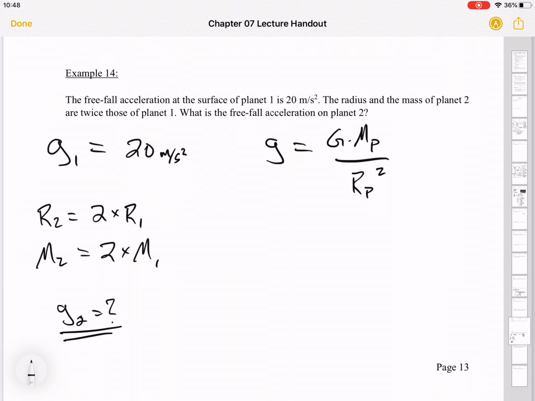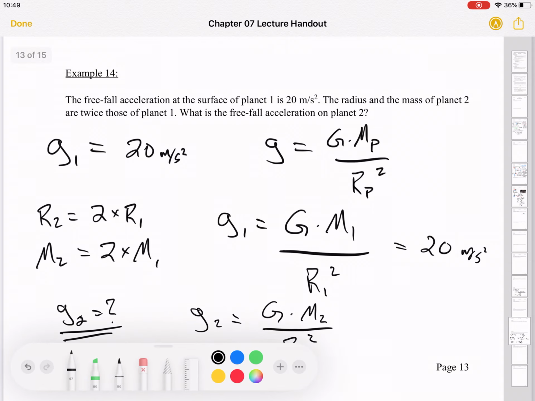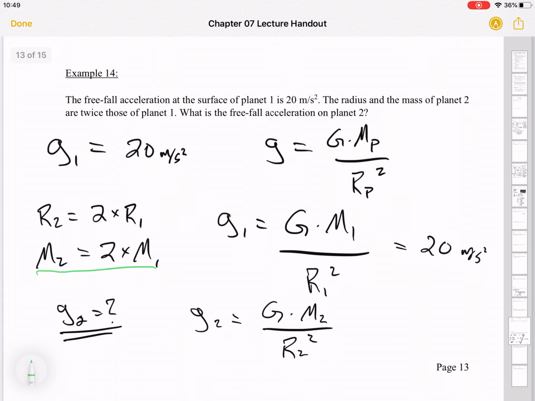Okay, so what do I know? Well, g1 equals G m1 over R1 squared equals 20 meters per second squared. Right? And g2 is going to be G m2 over R2 squared. And I don't know what that equals, but I do know that m2 is twice m1. So look, I'm going to take this and plug it in here. And I'm going to take this and plug it in here.